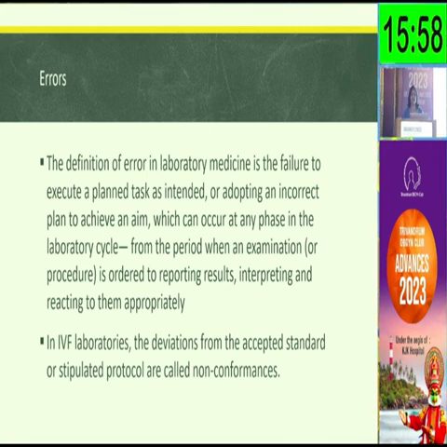Both need to be done. Let us just accept that every lab has its issues and errors do happen. Any failure to carry out a process as planned or as intended is called an error in the IVF lab.